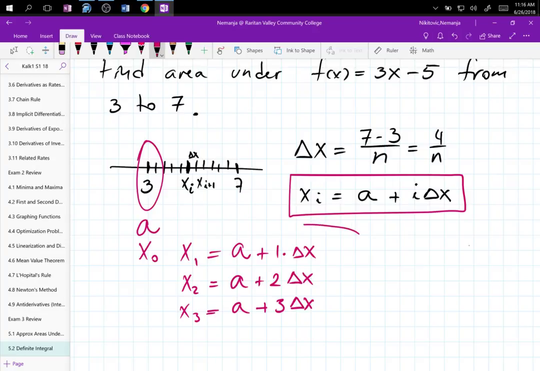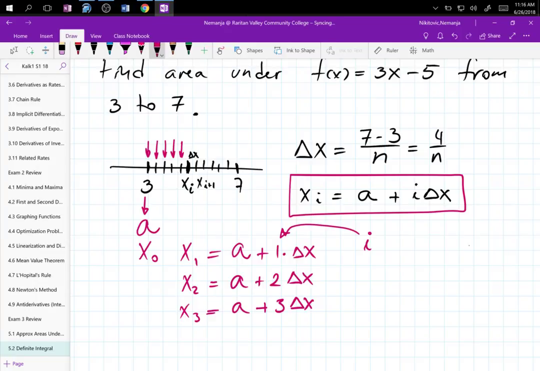And you can see that this column here, that's your i's, the counter, 1, 2, 3, 4, 5, right? From the first point, you use delta x to get here, another delta x to get there, another delta x to get there. So each one of these is adding plus delta x every single time, so it's just discrete.